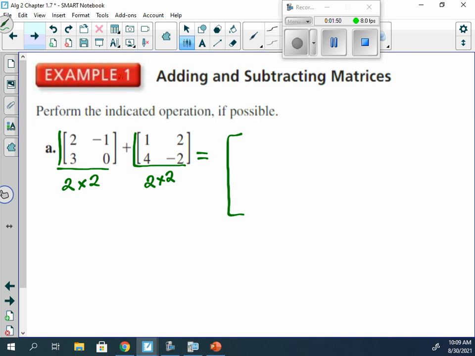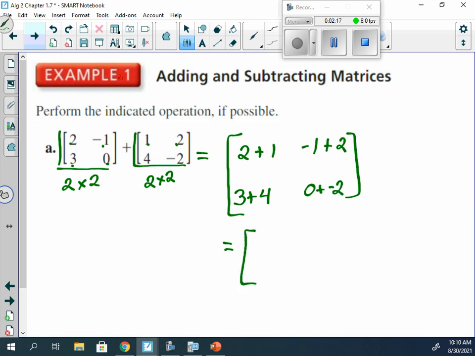So I'm going to start in the top left, so we would do 2 plus what? Okay, and then -1 plus, so 2 and 1, -1 and 2. That is the first row. Let's go to the second row. So I have 3 and then 0 plus.